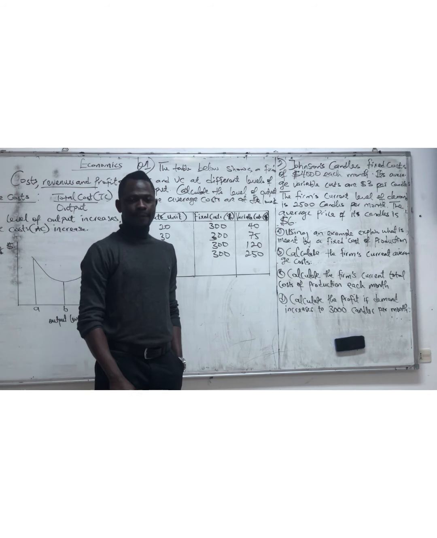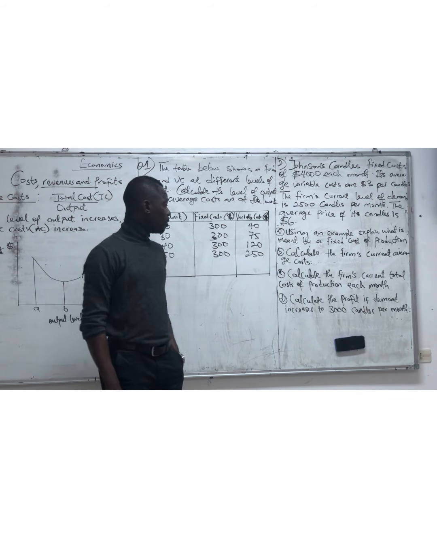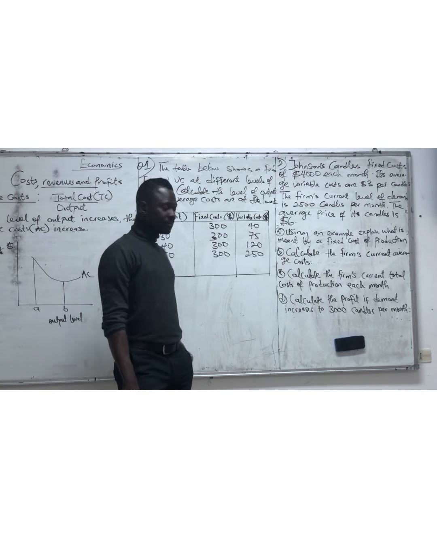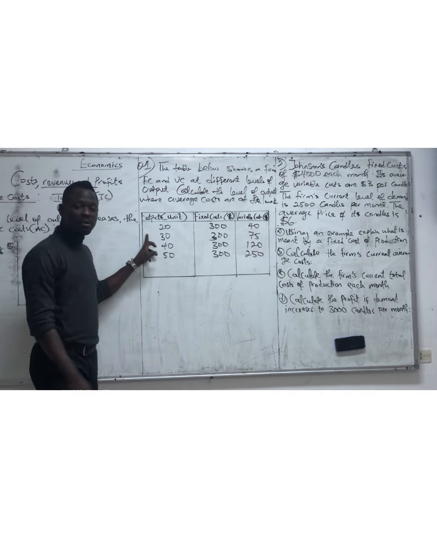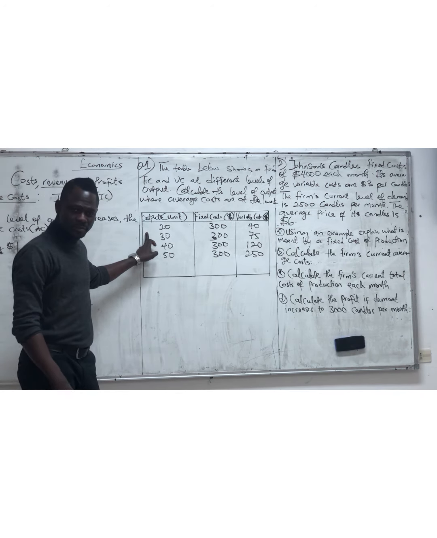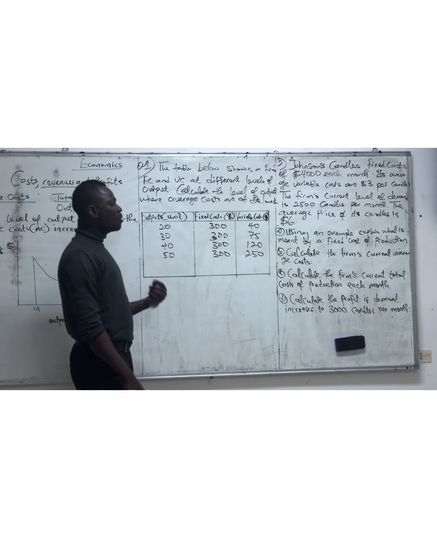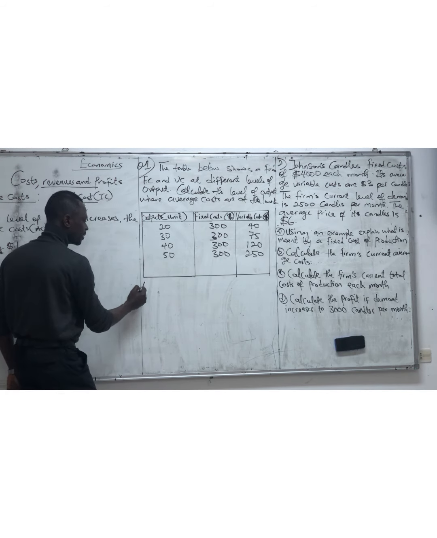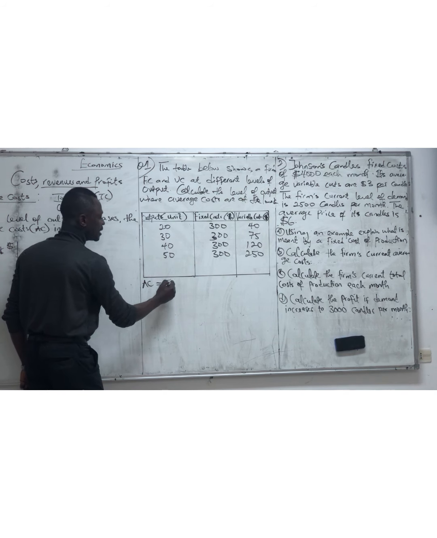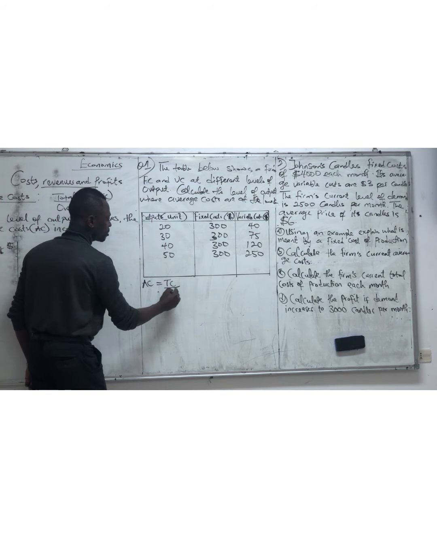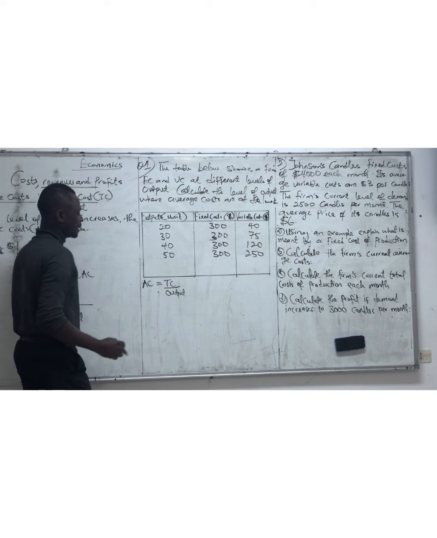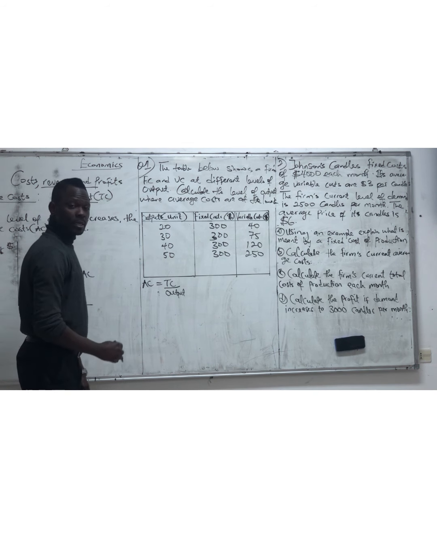Are you with me? Alright, so we take it one at a time. The first level of output is 20, right? And for average cost, AC is equal to TC divided by output. Right? Are you with me?